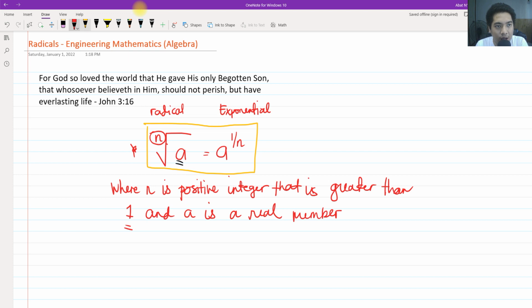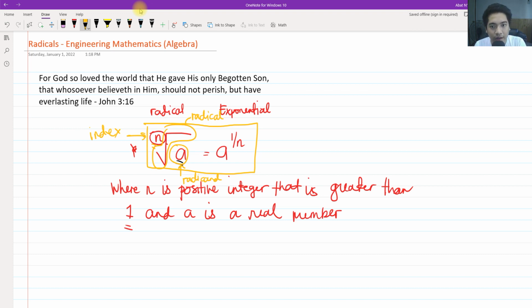Now we also have n as the index, and a as the radicand, whatever is inside the radical sign, and this sign is what we call the radical sign. So we can always convert radical into exponential.